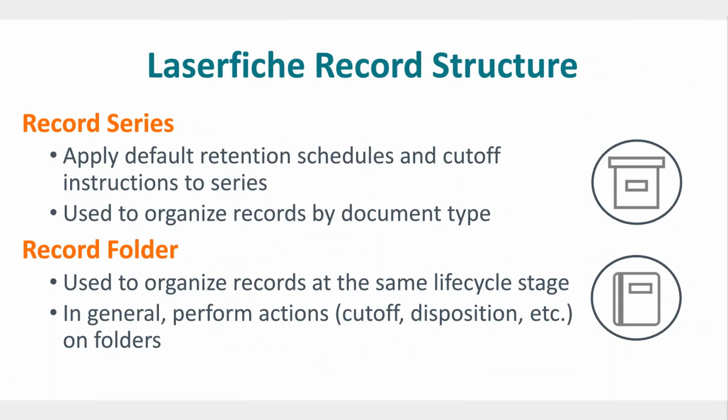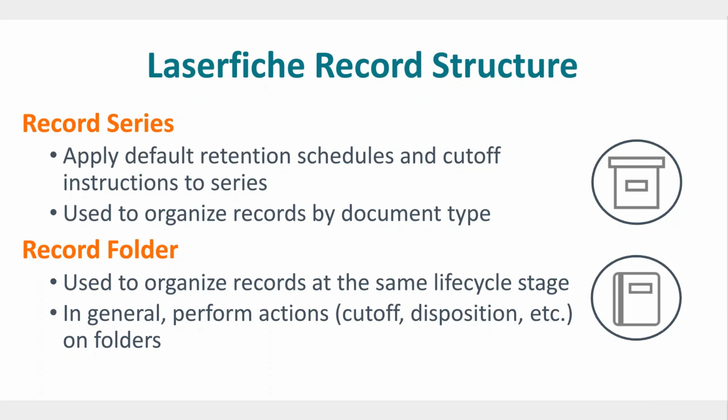The other things that you can set up within the Laserfiche infrastructure to manage these records are record series and record folders. And these are really the traditional way of managing records within Laserfiche, where you have a file structure made of record series.